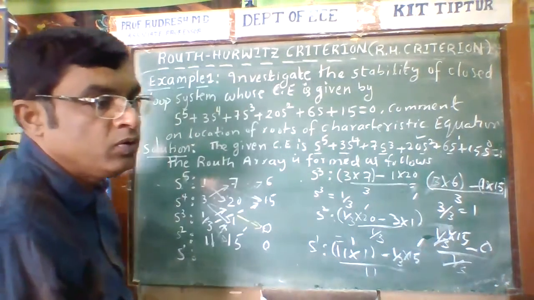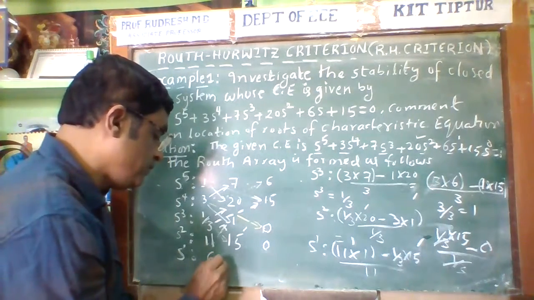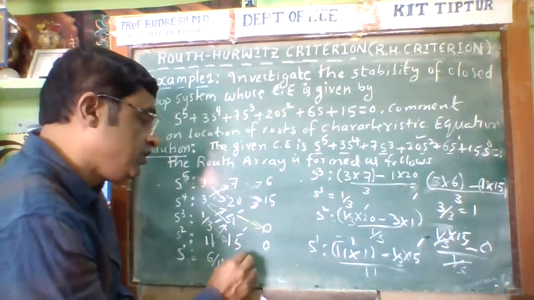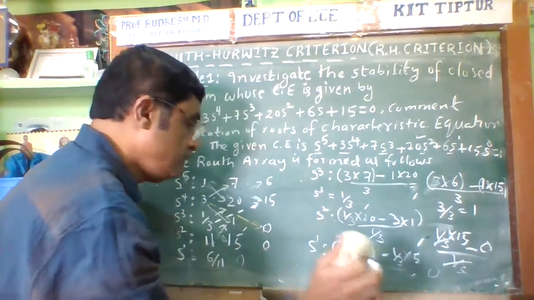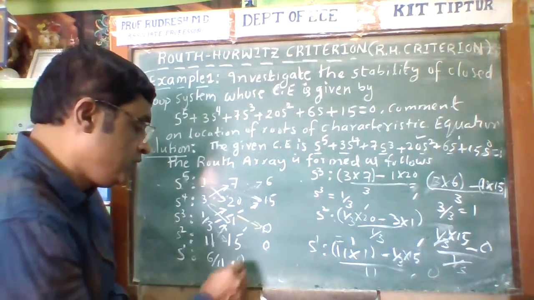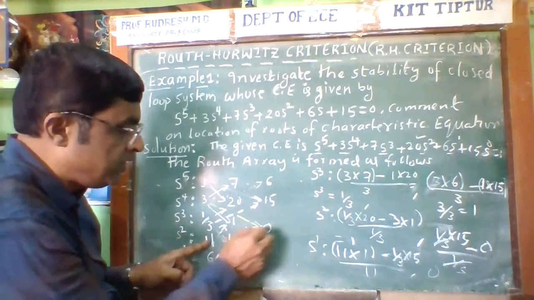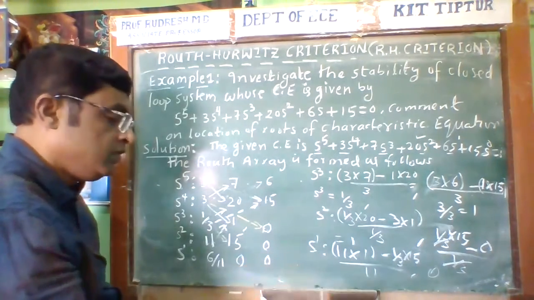Now this is equal to 6 by 11. The next element is 0, because 11 into 0 is 0.